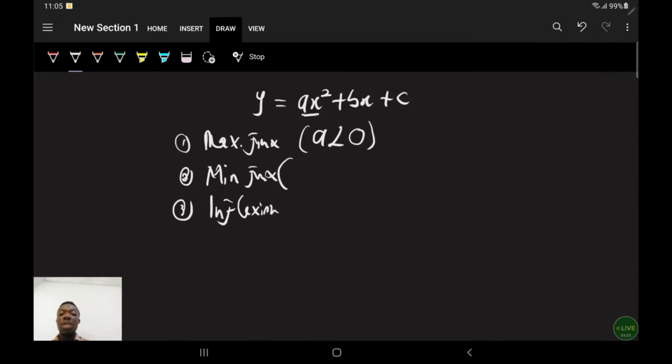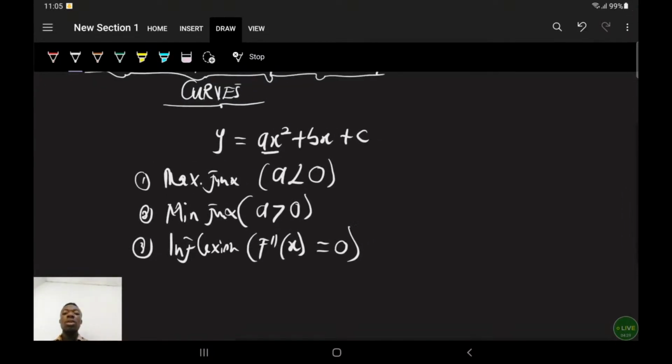If it is minimum, the coefficient of x squared, a, should be greater than 0. And at an inflection, the second derivative of the function should be equal to 0. So that's what we are talking about when it comes to a maximum curve, a minimum curve, and the inflection. I believe that is clear.